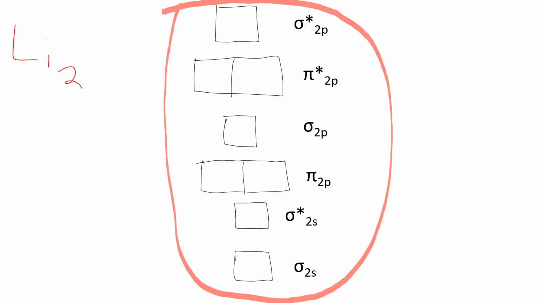And don't learn it by looking at it. Learn it by actually writing it out as many times as it takes for you to do it without having to think about it. So once you've memorized this pattern with the labels, drawing the molecular orbital diagrams is really, really straightforward. It's pretty much just counting.